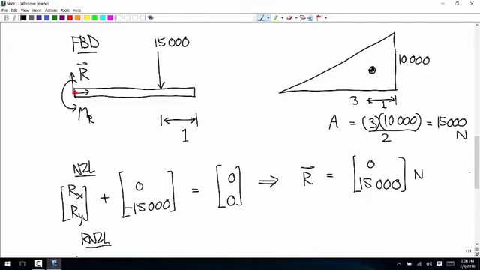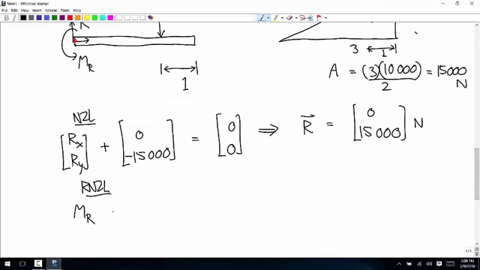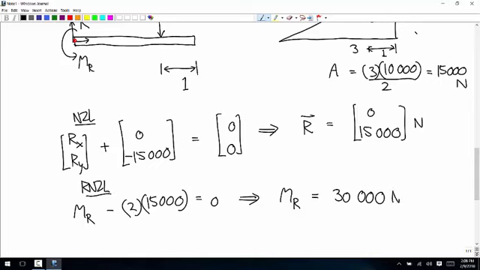And would that force make it rotate clockwise or counterclockwise around that point? Clockwise, so it's negative. So negative 2 times 15,000 equals 0. MR is equal to 30,000 newton meters.